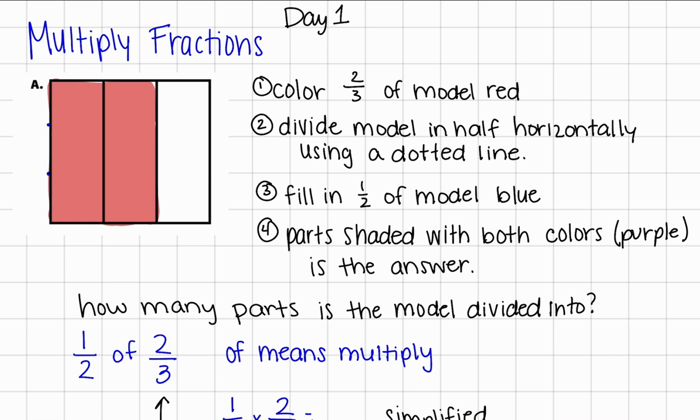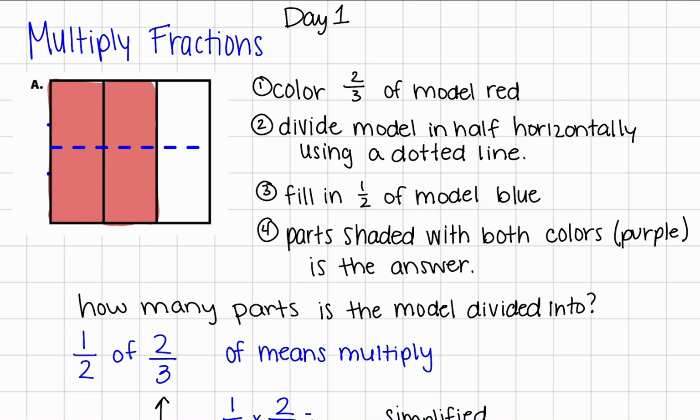Okay. Then we're going to divide the model in half with a dotted line. Okay. So divide in half with a dotted line. And that's about half. Then we're going to fill in 1/2 of the model blue.